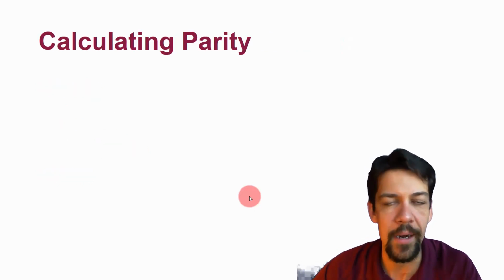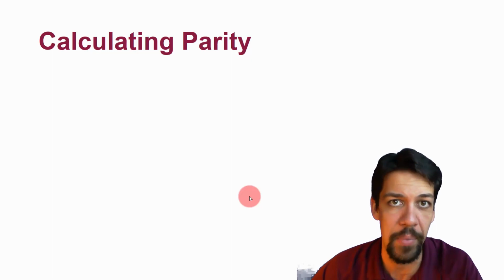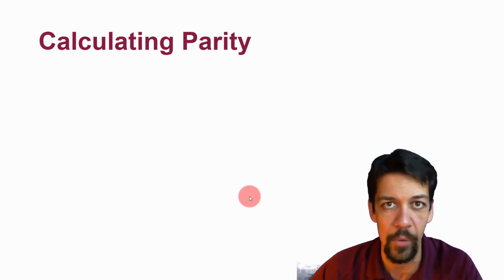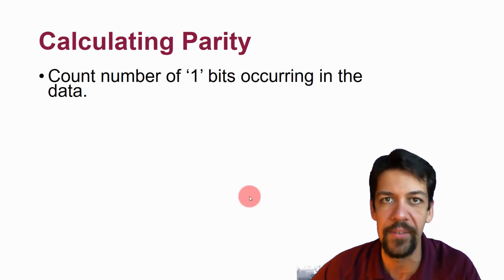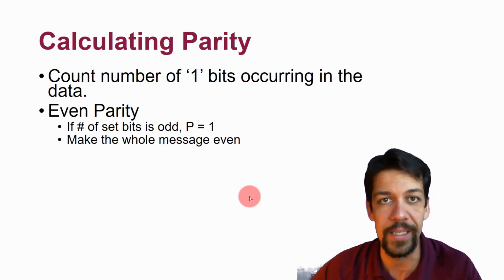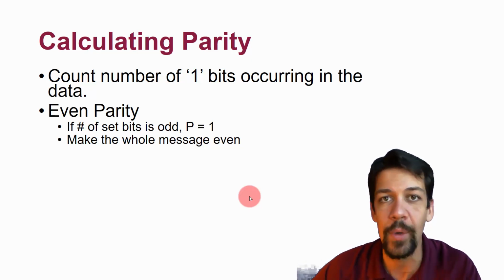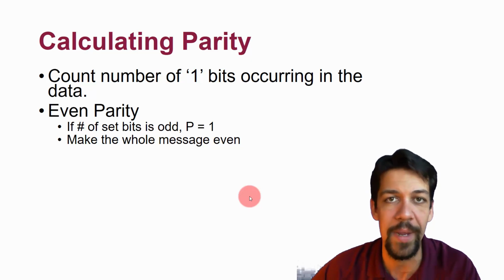Calculating parity is the easiest of these error checking procedures, and it's often included as the ninth bit per byte because it's so easy. It's only one bit typically, and basically the process is that we count the number of ones in the message, and if we are doing the even parity flavor, then if the number of set bits is odd, we set the parity bit to 1, which makes it even.